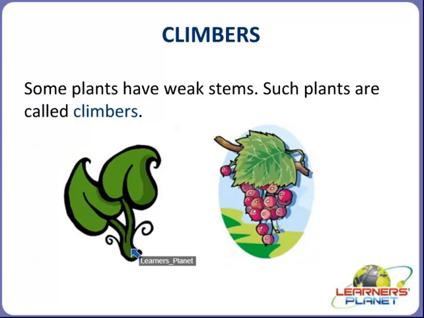So the plants which grow with the support of other plants are called as climbers. So the money plant and the grapevine plant need the support of other plants or the walls or the sticks. Such plants are called as climbers.